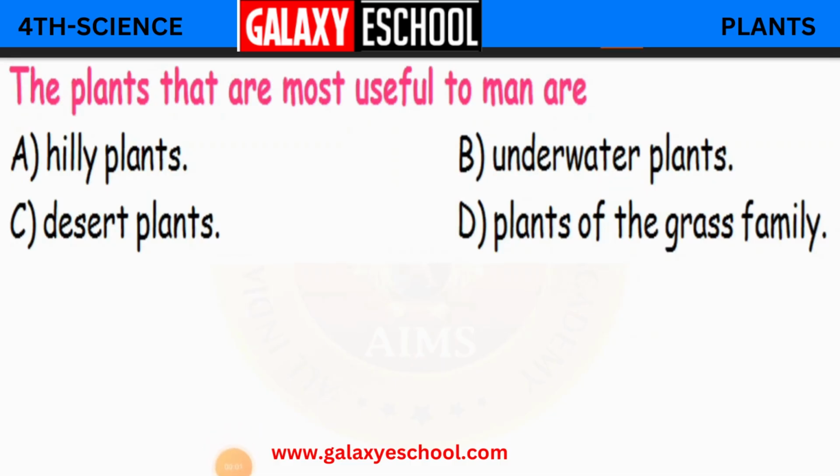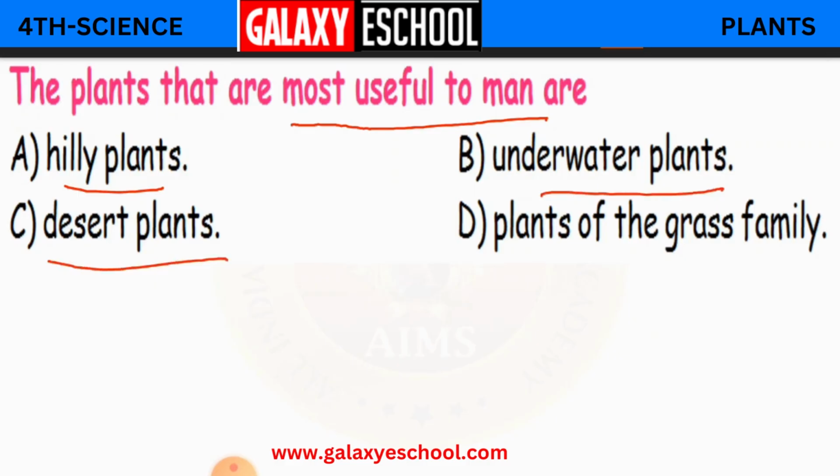The plants that are most useful to man are, children, so please remember this. What are they? Hilly plants, underwater plants, desert plants and plants of grass family. What is the best use of plants in our daily life? It is food. Like what all we eat, mostly it comes from plants, if you take rice, vegetables, fruits, all that.